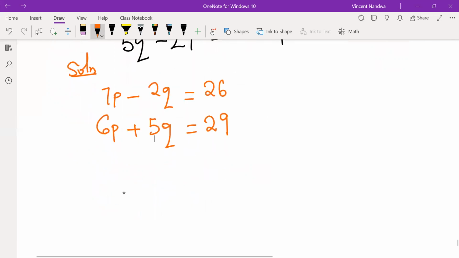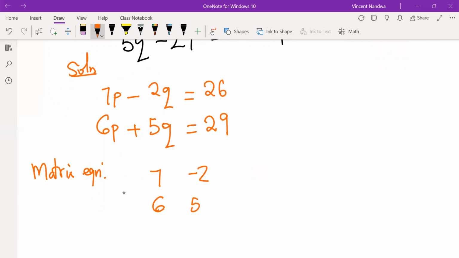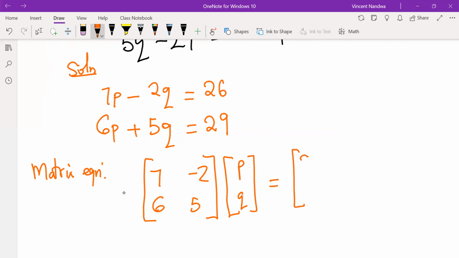After arrangement, then form the matrix equation. So 7, minus 2, 6, 5, then P, Q, 26, 29.